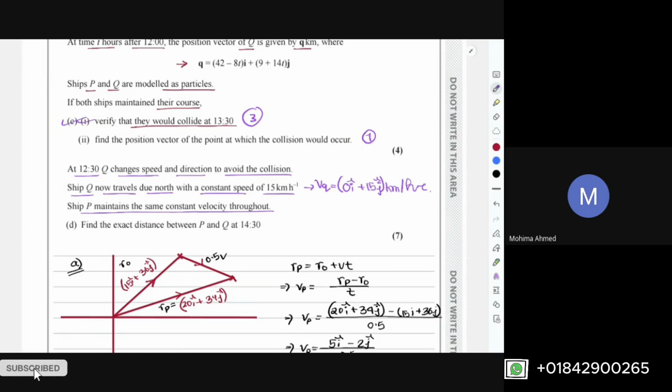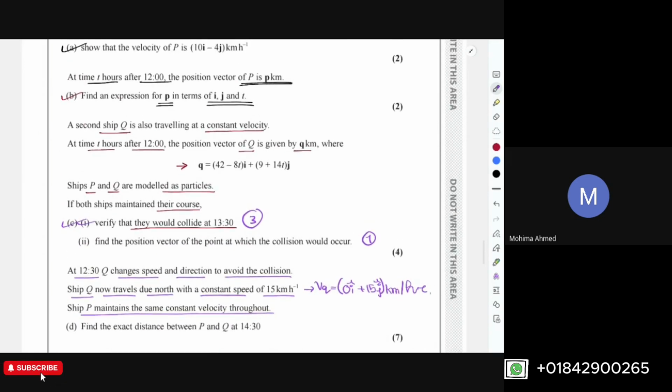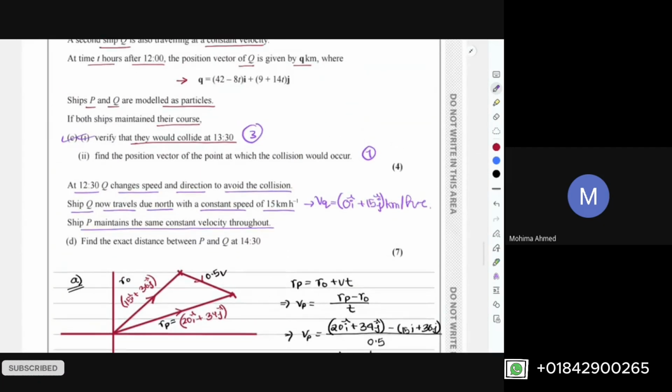Other than that, do we know anything else? No, I cannot see any changes here, right? Exact distance between P and Q at 14:30.